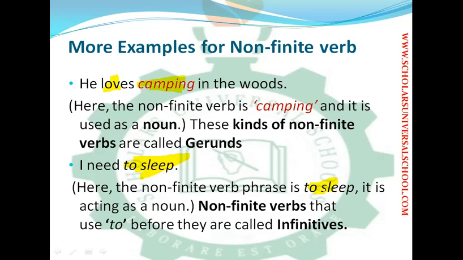Like you say, I need water, I need fresh breeze, I need food. The same way you have, I need to eat, I need to dance. So to dance, to sleep, to eat are all non-finite verbs acting as nouns.